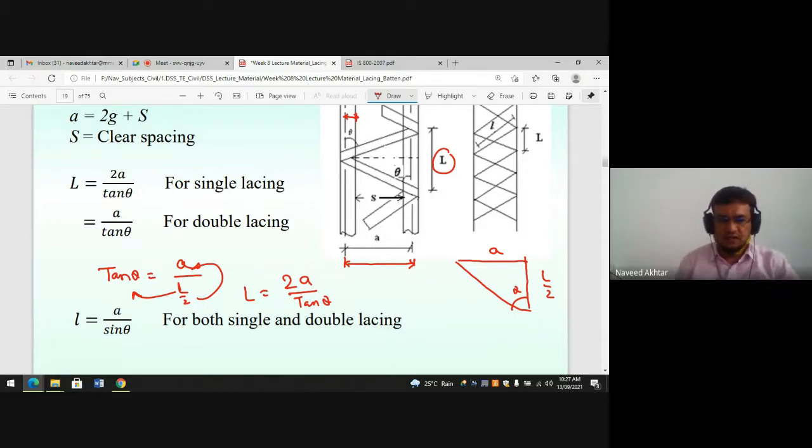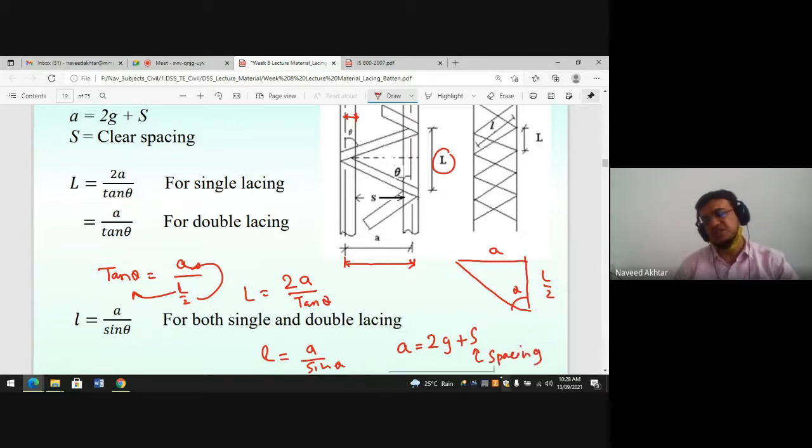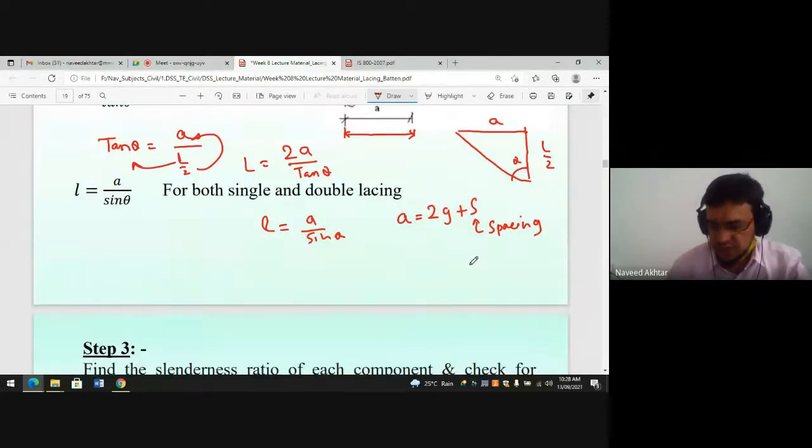Small l for single or double lacing system is nothing but A upon sin theta, and A is nothing but 2 times G into S. S is the spacing of your main member, that we have to find out.